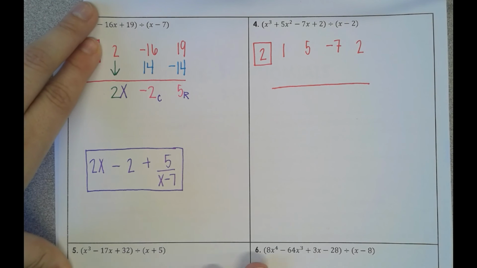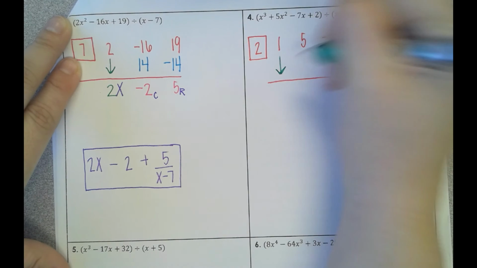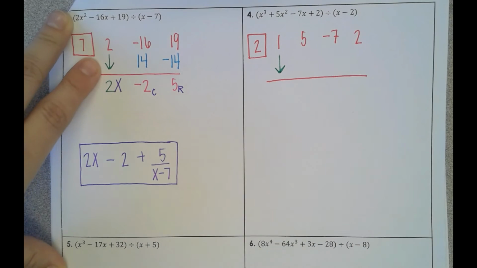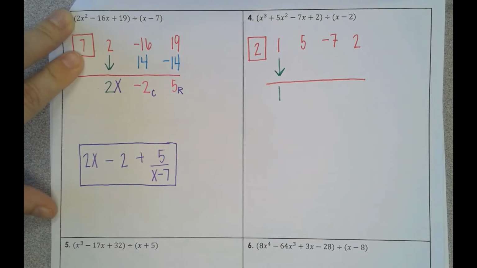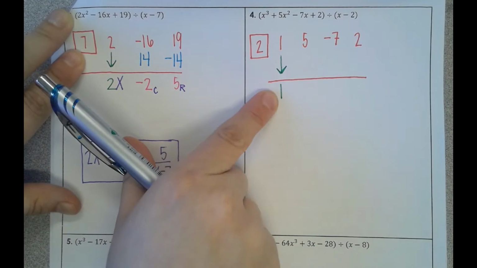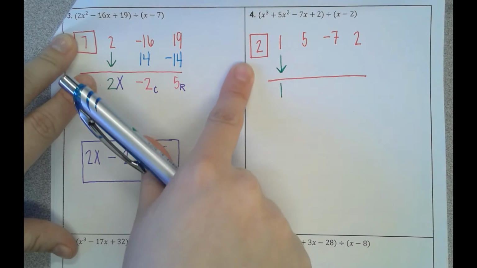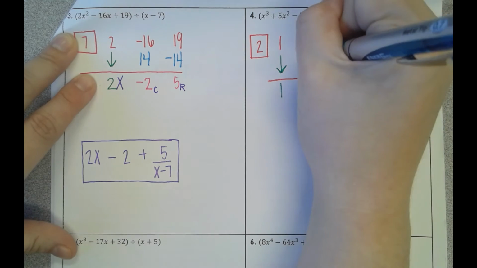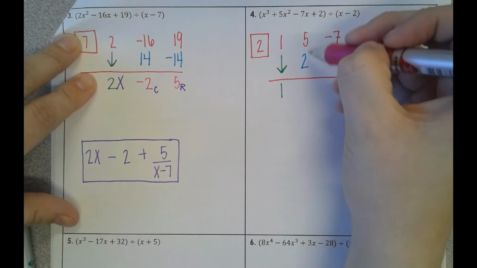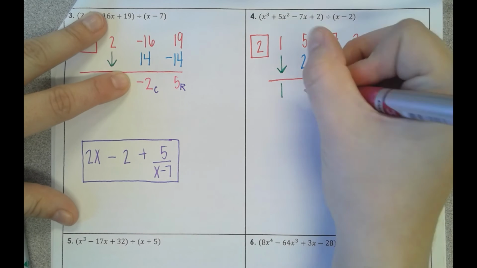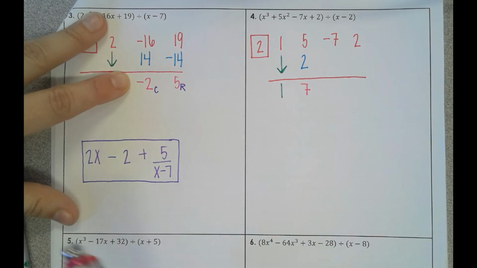Now, don't work ahead to 5 and 6 yet. All right. Bring down the first number, 1. Then we multiply. What's 2 times 1? 2. Then we add. 5 plus 2, 7.